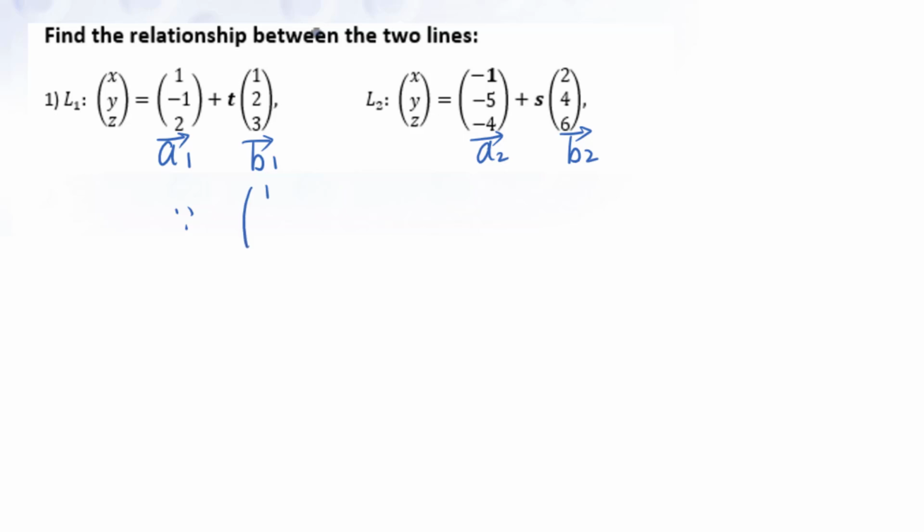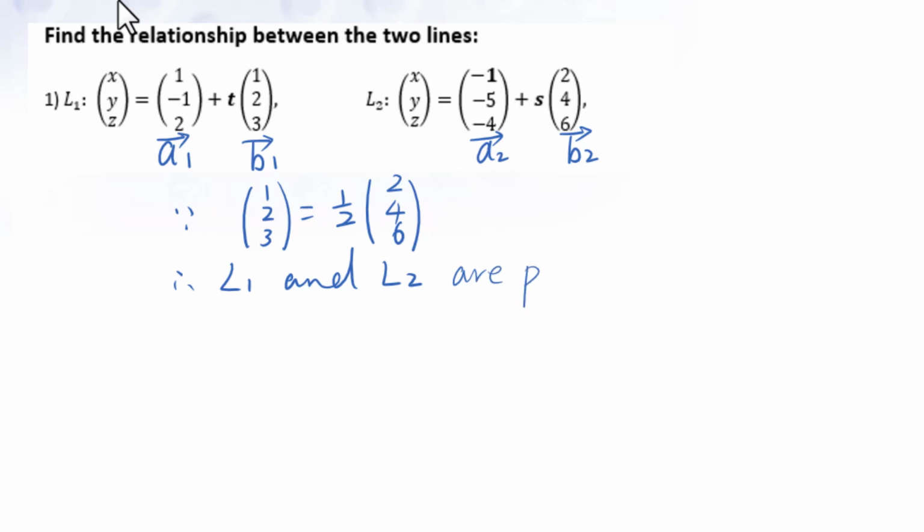Since (1, 2, 3) equals 1/2 times (2, 4, 6), L1 and L2 are parallel or coincident. You need to check whether there is a common point between L1 and L2.